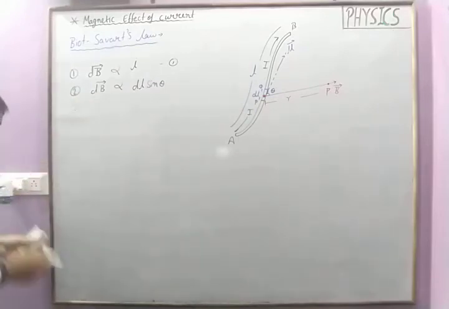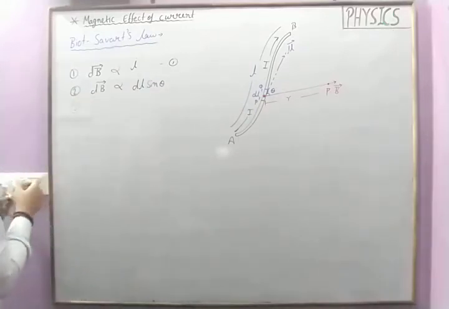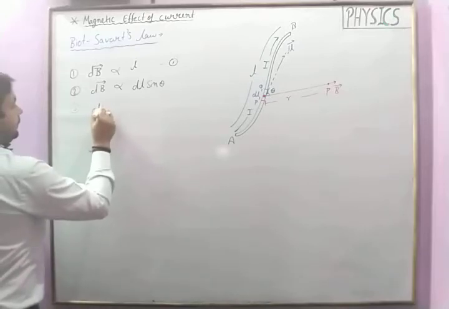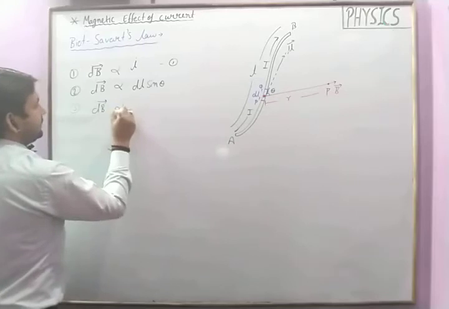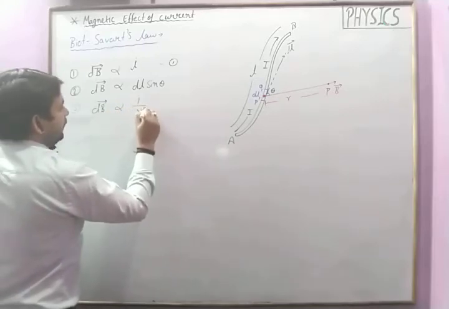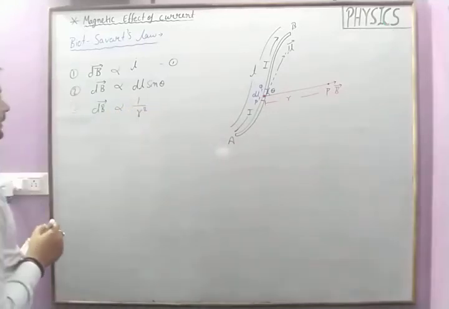Third observation is the magnetic field produced by the current element is inversely proportional to the square of the distance.